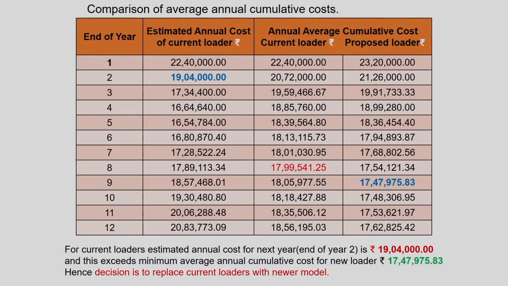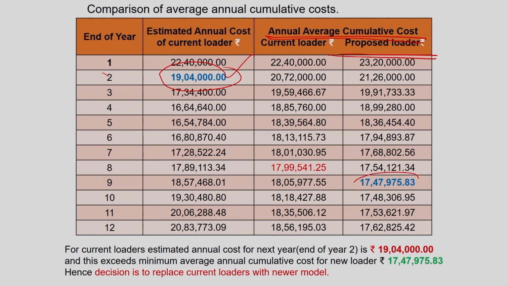As per Dr. James Douglas guideline, the estimated annual cost of the machine for the next year. So next year is nothing but, because the loaders are already 1 year old, the current loader is 1 year old, we are finding the estimated annual cost for the second year. Second year the value is 19,04,000. Okay, you compare it with the minimum average annual cumulative cost of the proposed loader.